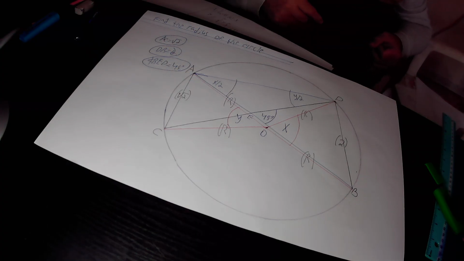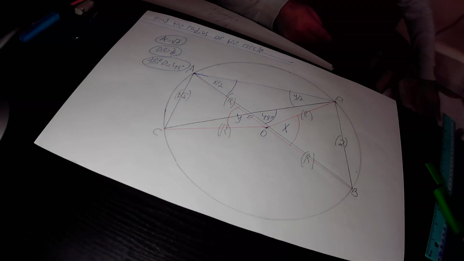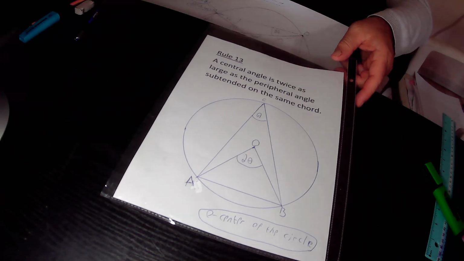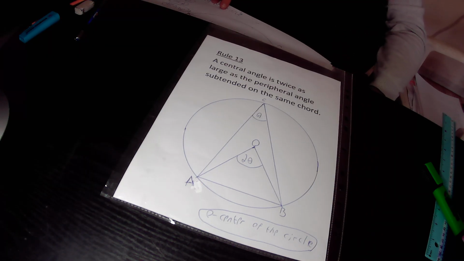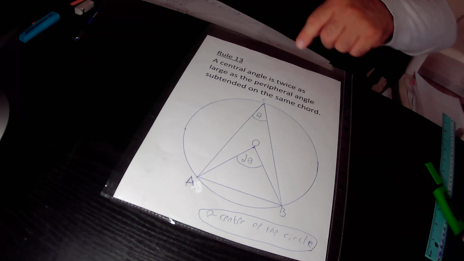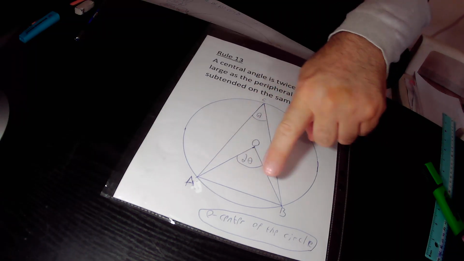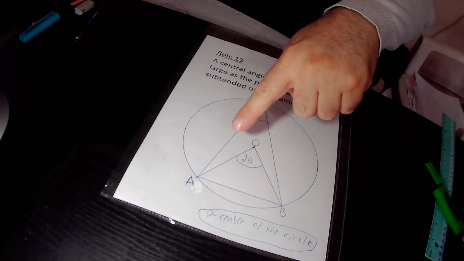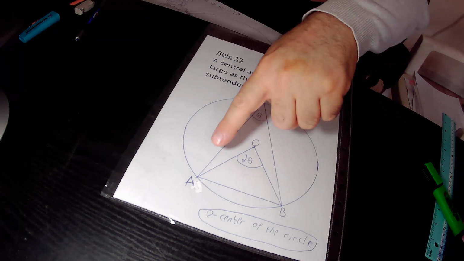So now we can apply rule 13. According to rule 13, the central angle is twice as large as the peripheral angle subtended on the same chord. So in the drawing we have a circle, and this is peripheral angle ACB that subtends chord AB. Likewise, we also have the central angle AOB that subtends the same chord AB.